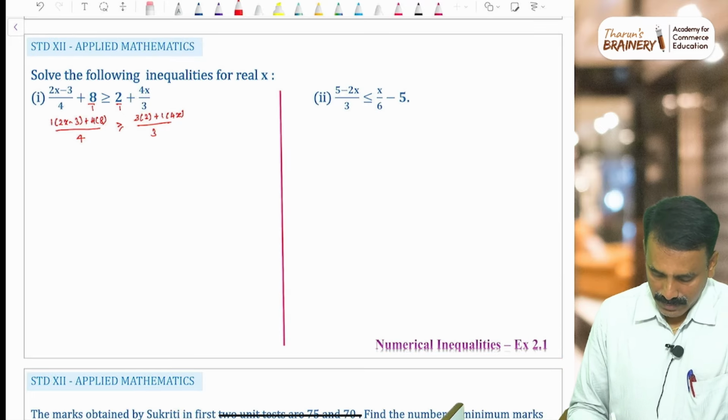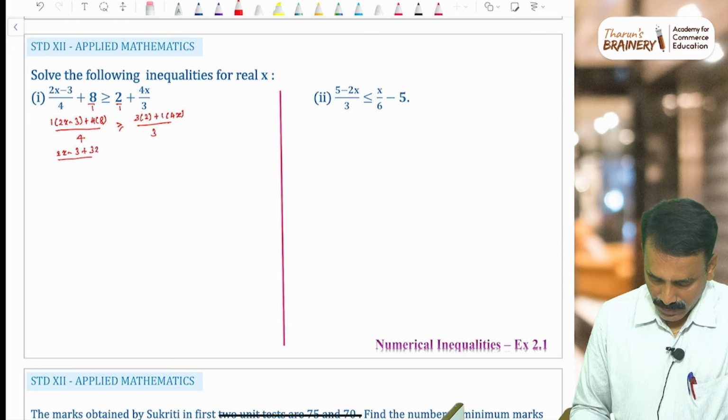So what will happen now? 2x minus 3 plus 32 by 4 greater than or equal to 6 plus 4x by 3.